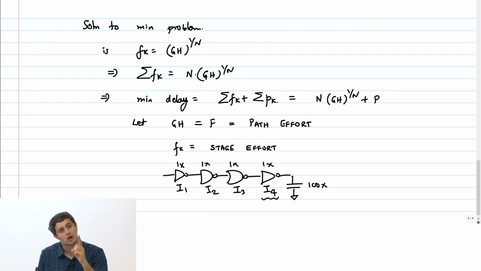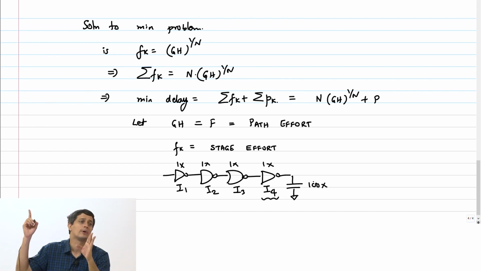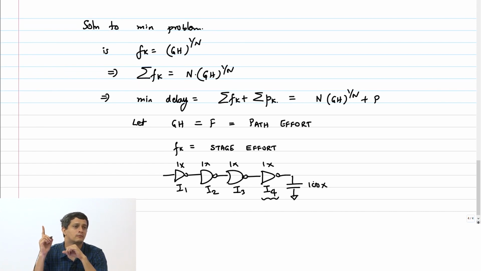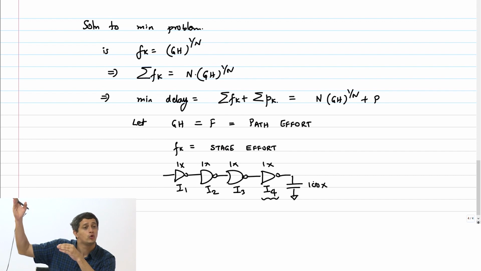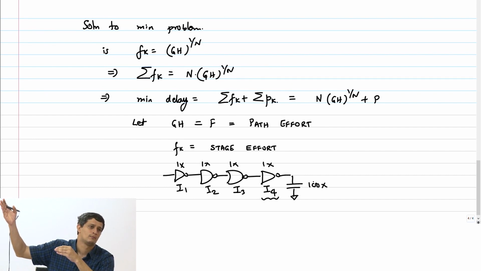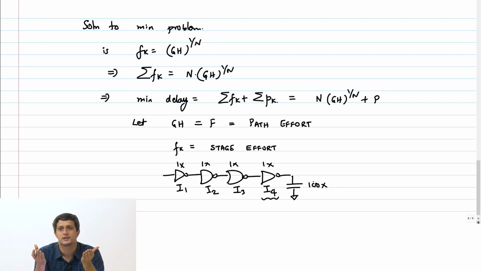has to do all the work to charge that load capacitance eventually. That single inverter I4 is now driving a huge capacitance, 100x capacitance, and because it is unit sized, the resistance is extremely high and therefore the delay is very large.